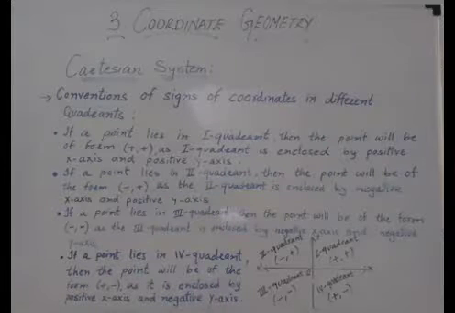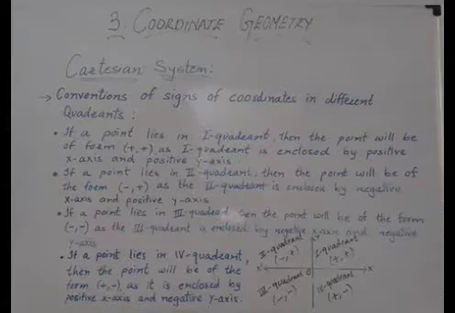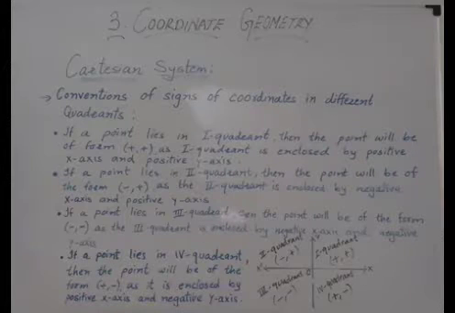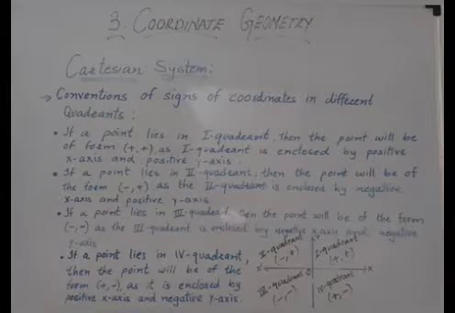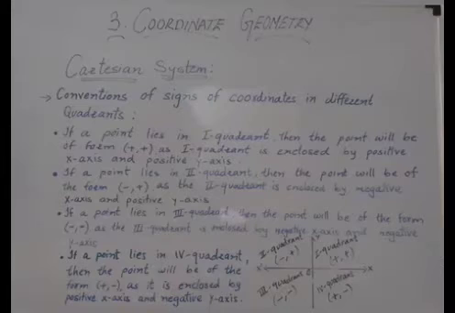So this is very important: if points are given and you have to answer directly in which quadrant the given point lies, then you can compare the signs and answer directly in which quadrant the given point lies.